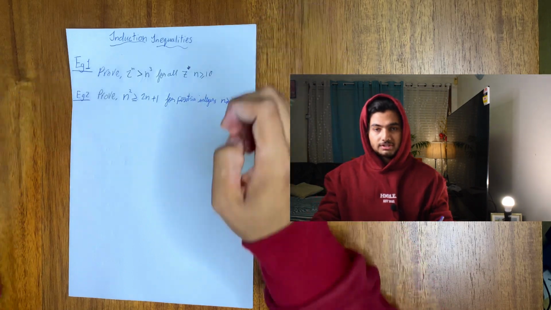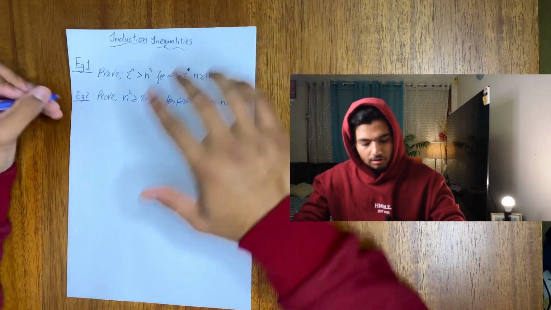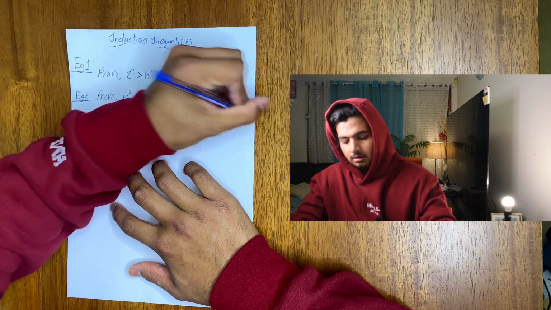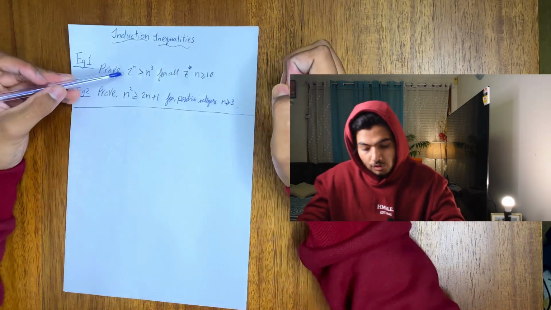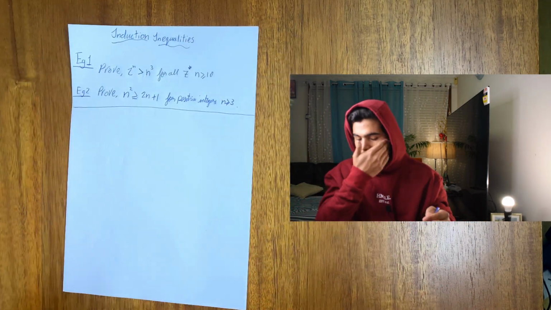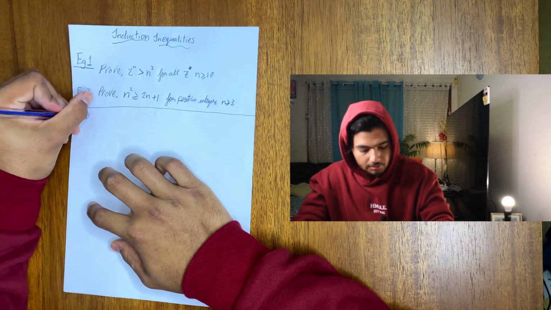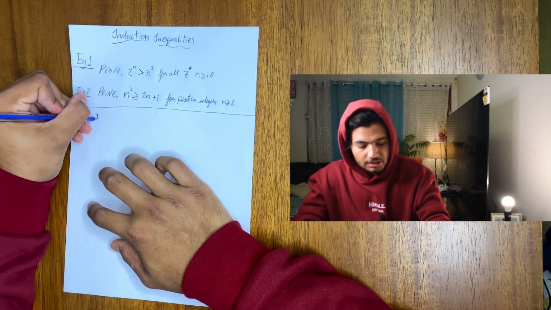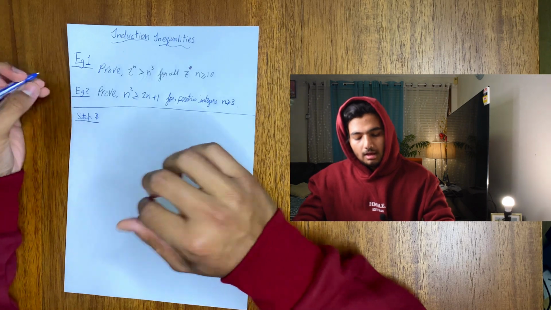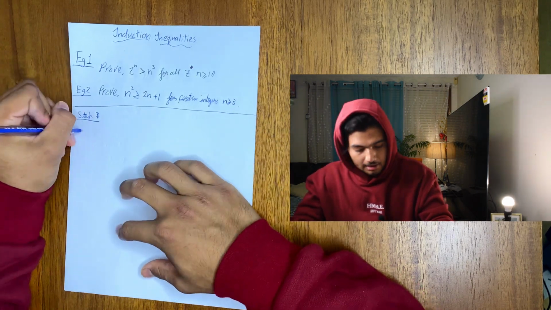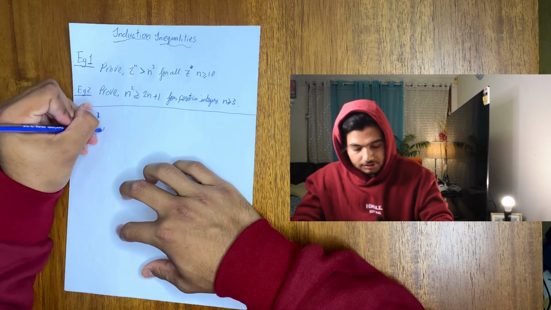So let's start with the first example. Example 1 says prove 2 to the power of n is greater than or equal to n cubed. The same three steps we've got to follow. Step number 1, let n equal 10 in this case.